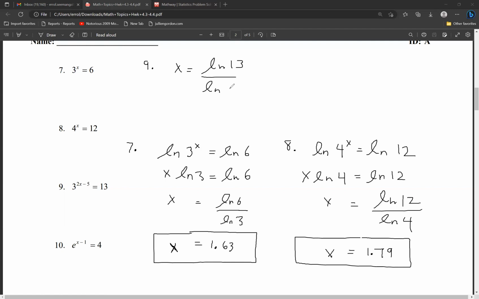I don't know how to solve that. Let me think about that one. All right, let's do that one together, step by step. Or did you get 7 and 8 before I erased it?